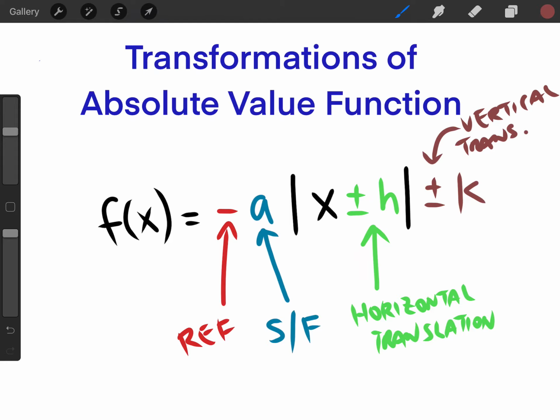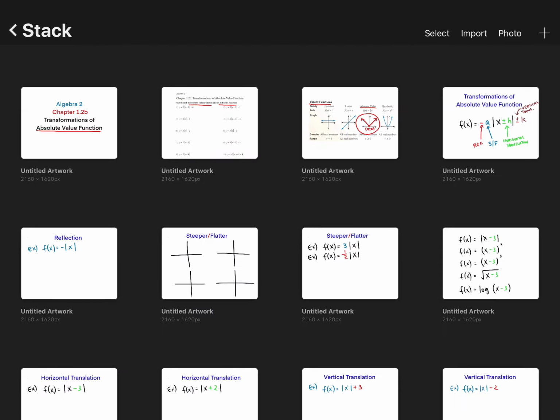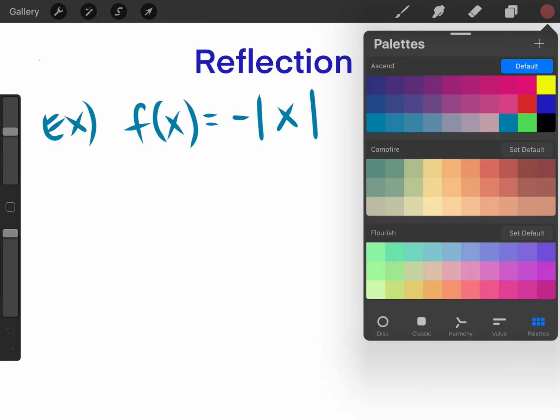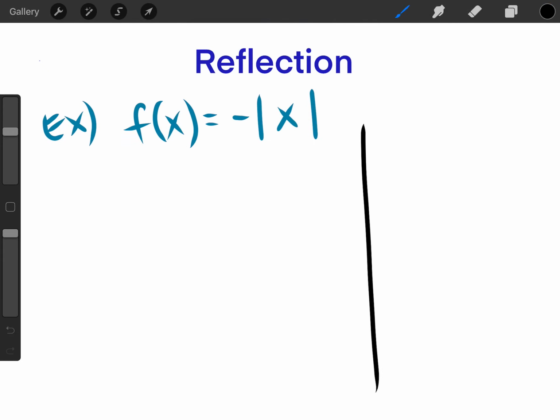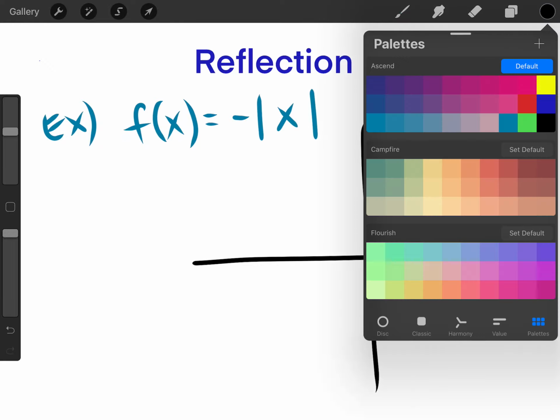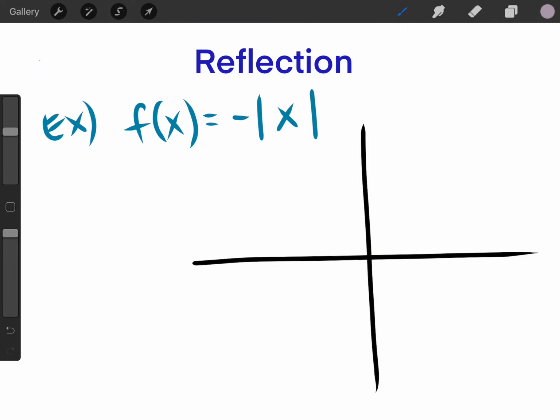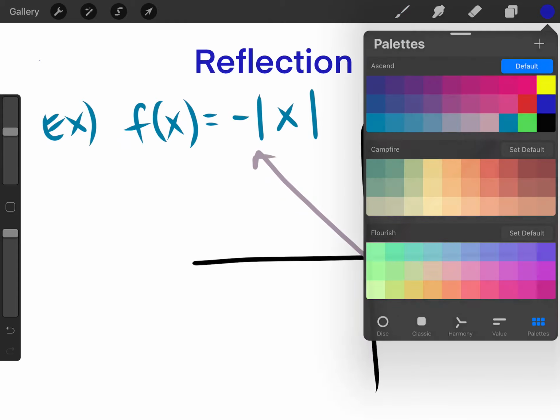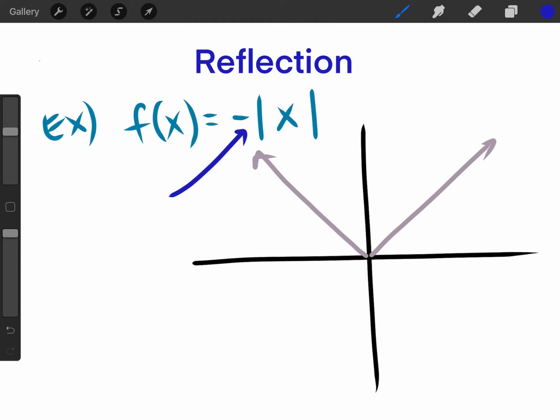Okay, so let's get started with the reflection. Whenever you see a reflection, I'll show you on the XY axis. Start with the parent function, which is a V shape at the origin. Now let's look at this one. There's going to be a reflection.